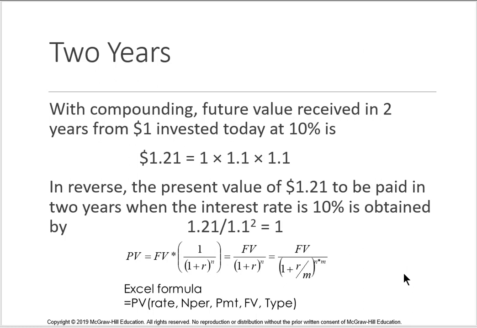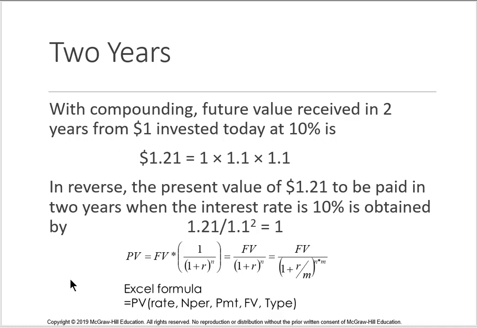And that's the way this formula also assumes those end of the period cash flows. So if you wanted to do this investment for 2 years, how do you do that? You invested $1, it earned 10% the first year, and it earned another 10% the next year. So multiplying those out, we would end up with $1.21.